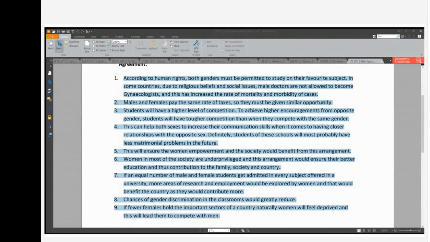I strongly believe that taking up students for each major should be based on academic grades as well as talent, or you can say I strongly believe that students in each subject should get equal facility, not based on their gender.